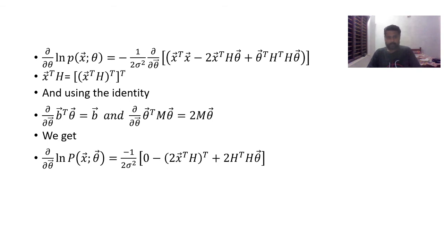Now what happens, I just take 2 outside from this bracket, so 2 and 2 get cancelled. Ultimately it becomes minus 1 by sigma square, h transpose x minus h transpose h theta, okay, minus x transpose h theta.